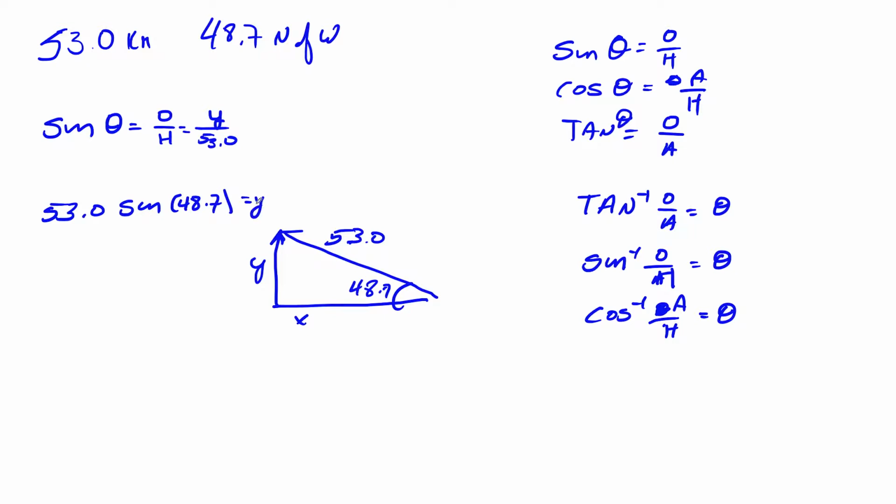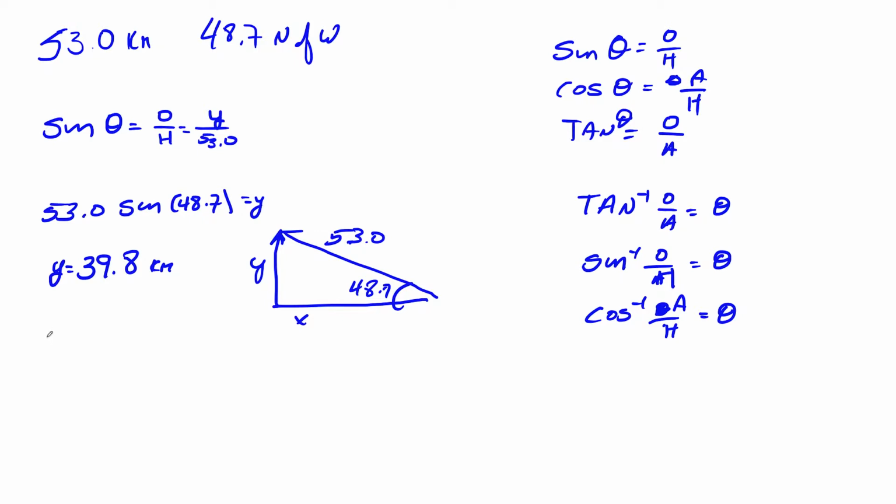So 53 times sine of 48.7, I'm going to have my y value, and it's going to be 39.8 kilometers. So this is the y component of this vector.